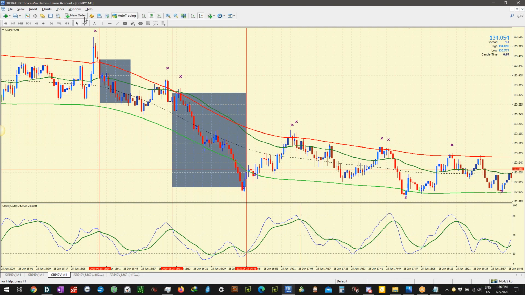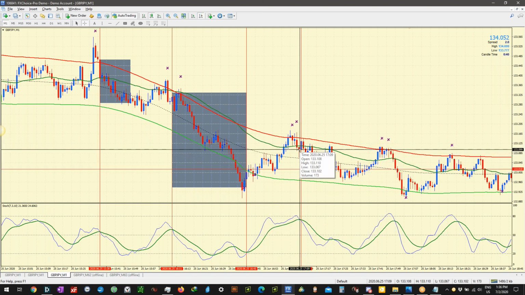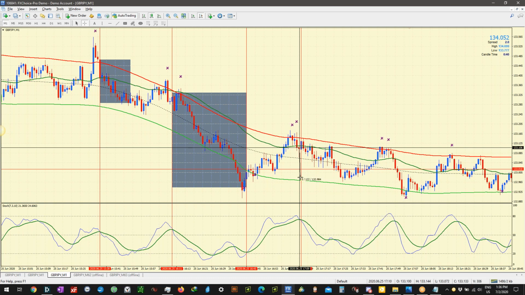You have the cross there. But you could very well have anticipated the move and gotten in here. So that's 12 pips, more or less, and it gets done there. Another winner.